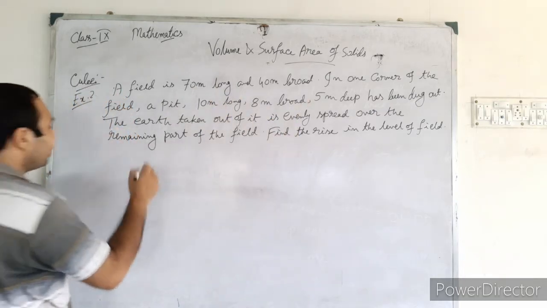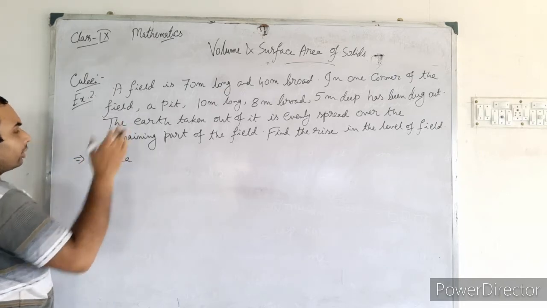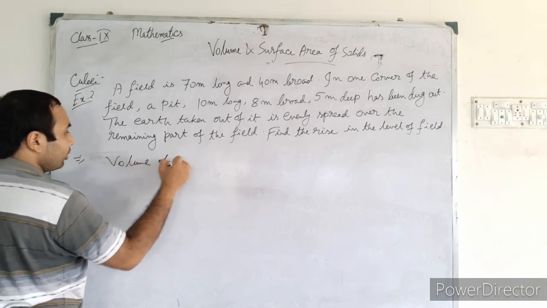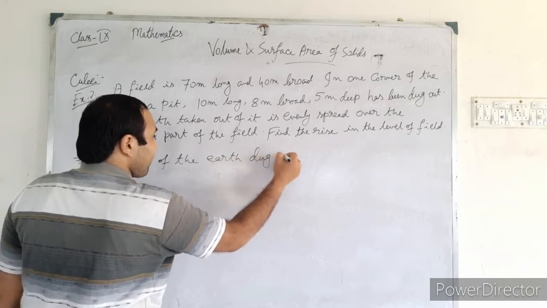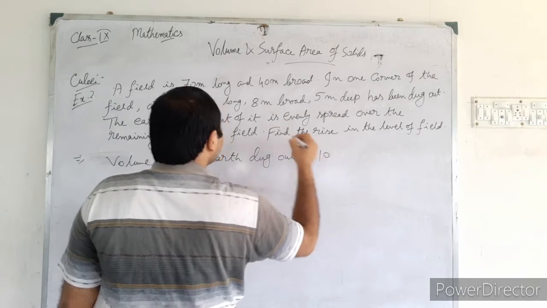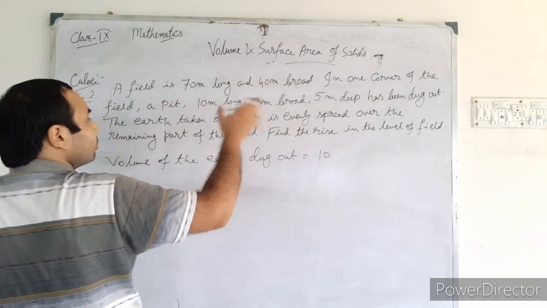So first of all, we will find the volume of the earth dug out. Volume of the earth dug out equals length into breadth into height. It is in cuboidal form, not cubical form.